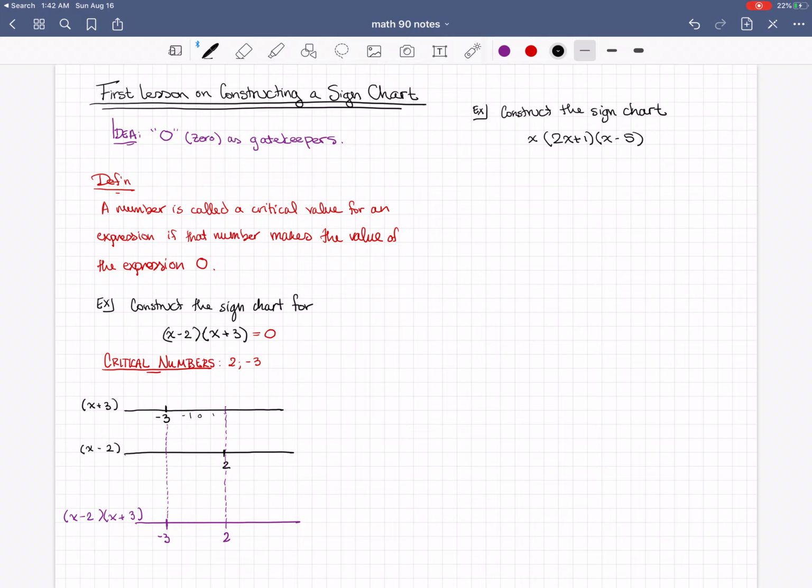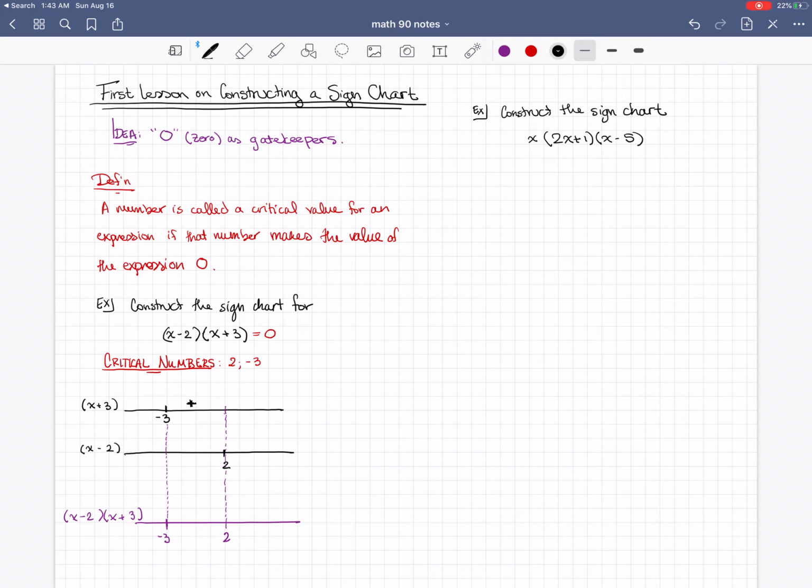What happens when you plug these values in for x? Well, negative 1 plus 3 is 2. 0 plus 3 is 3. 1 plus 3 is 4. All of those are positive numbers. So I'm feeling pretty confident that for any value that's between negative 3 and 2, x plus 3 is positive.